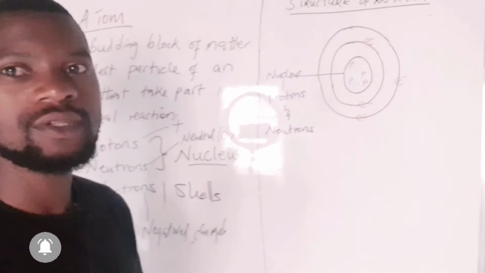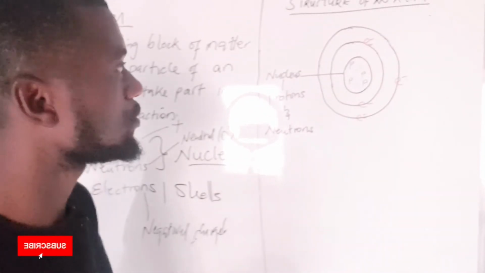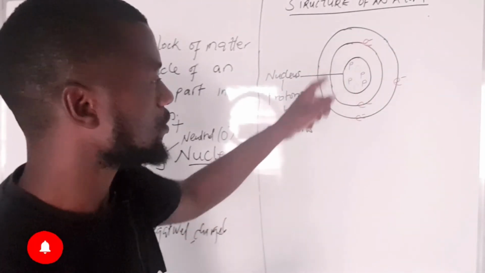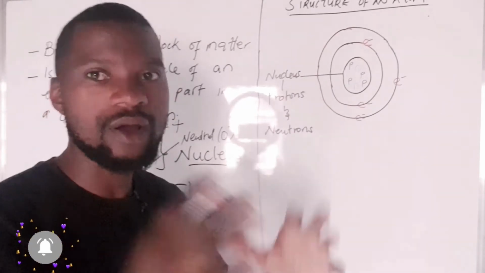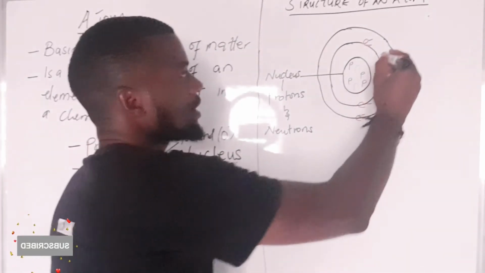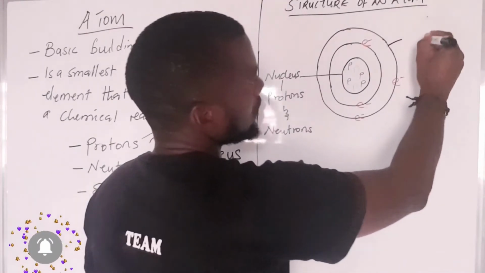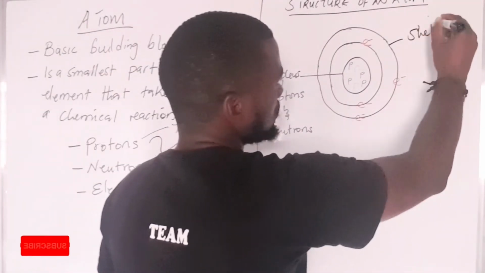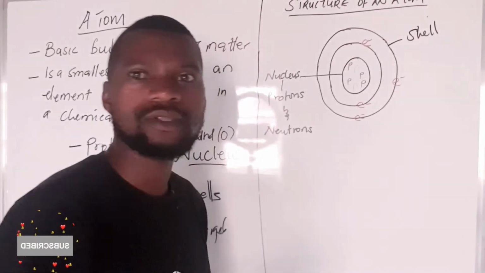Then apart from the nucleus, there are also regions that surround the nucleus, and these are what we call the shells, or you can call them orbitals.